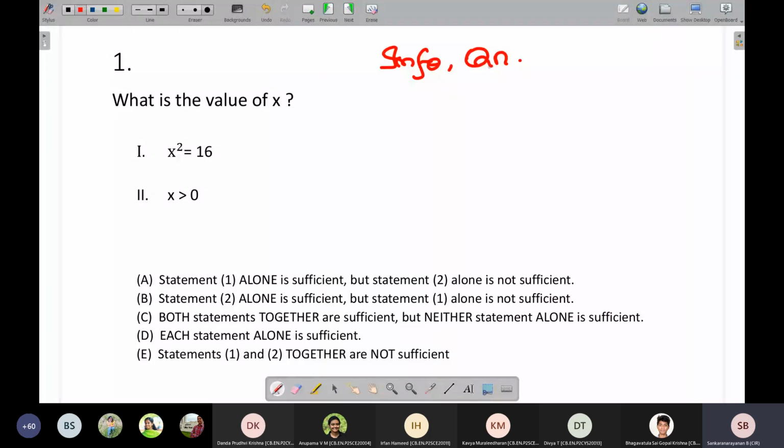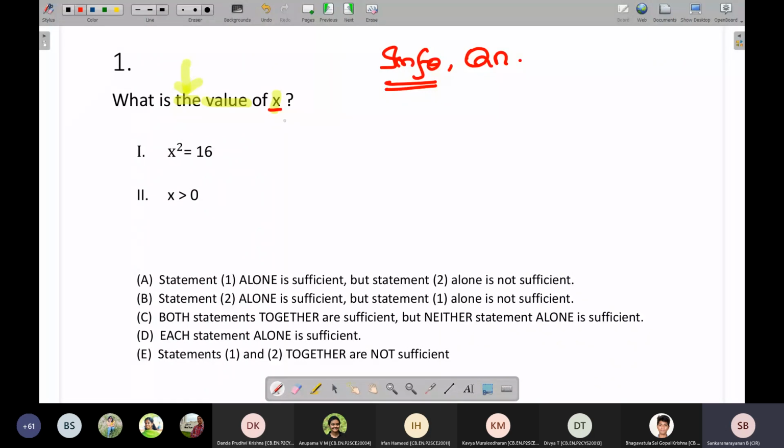What is the information provided in this question stem? If you consider the information I can gather, there is an unknown value X. This X has some value, and it has a unique value. I know that the article "the" is used here: what is the value of X? So a unique value is associated with this unknown, and that is the information you can gather from the question.